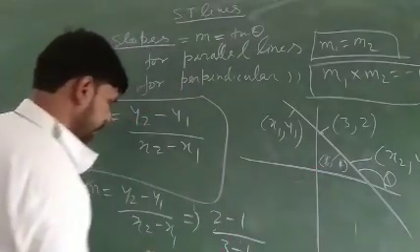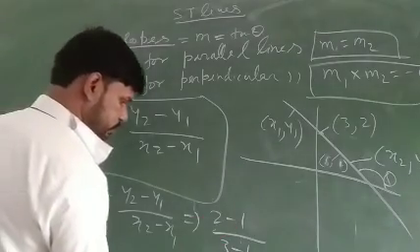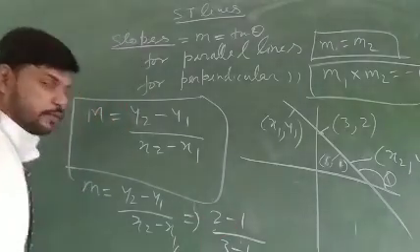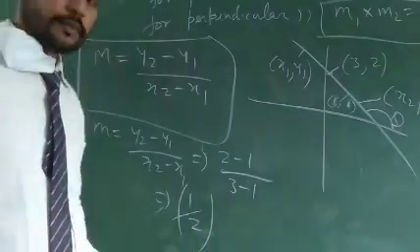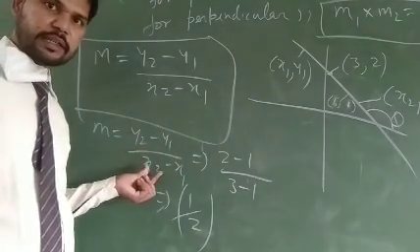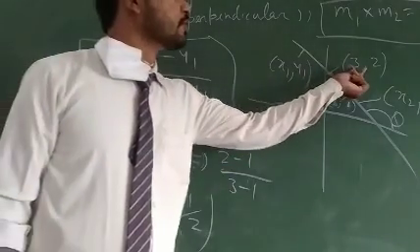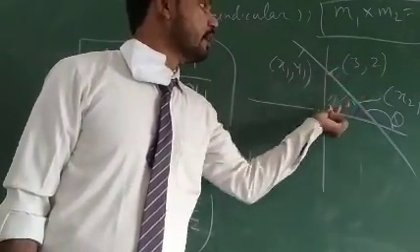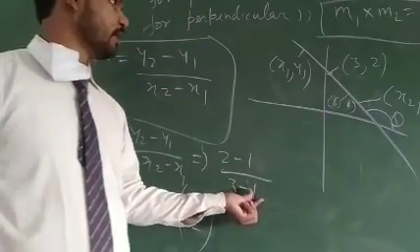On solving, 2 minus 1 equals to 1 and 3 minus 1 equals to 2. So 1 upon 2 will be your slope. What we have done is y2 minus y1 upon x2 minus x1, putting in the values of x2, y2, x1, y1.